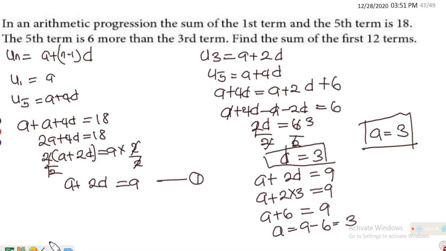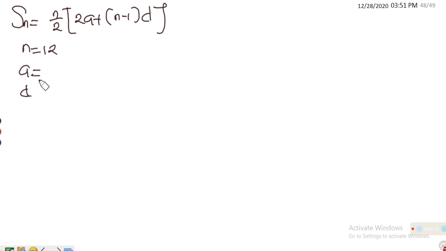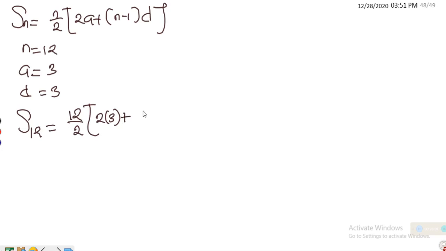We have d equals 3, a equals 3. So substituting into the formula, we have S12 equals 12 over 2 times (2 times 3 plus (12 minus 1) times 3). So open the bracket and simplify.